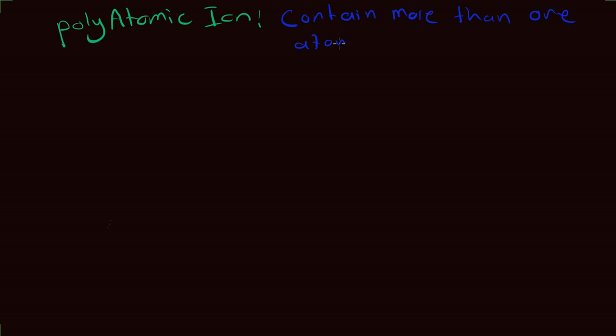Today we want to talk about polyatomic ions. Polyatomic ions consist of ions that contain more than one atom. In general they can be divided into positively charged and negatively charged.